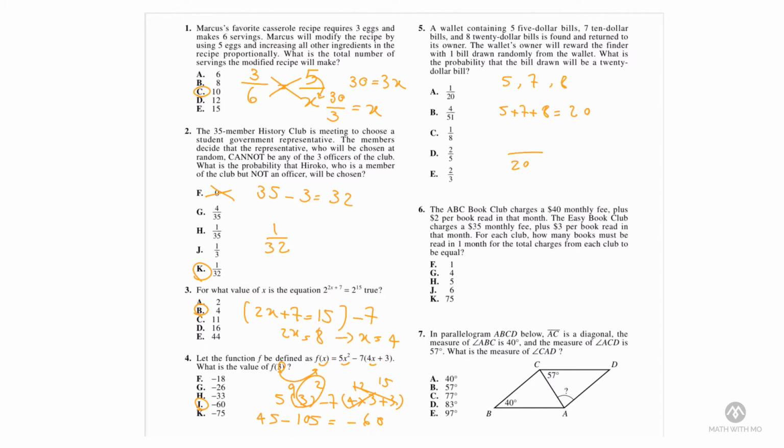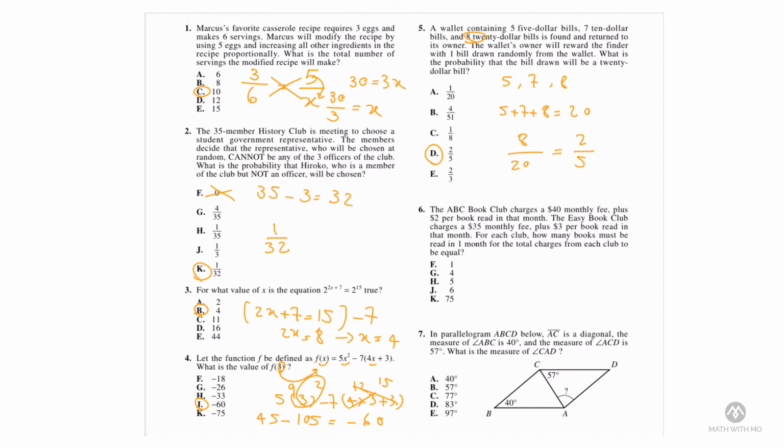But we know 8 of them are $20 bills. That's the probability we want to find. So it's basically 8 over 20. If we simplify this, divide both by 4, it's 2 over 5. D is the answer.